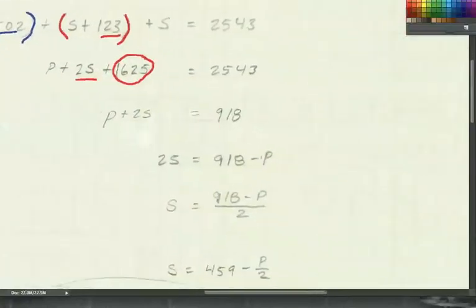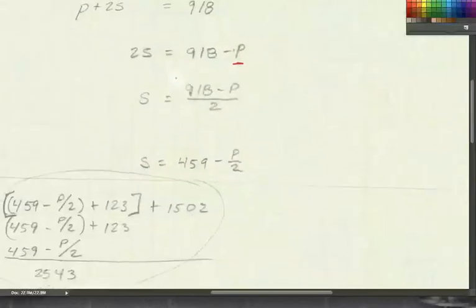Again, I'm trying to isolate for the scanner. That's S by itself. So I bring the P to the other side. That leaves me with 2S over here. I go ahead and divide both sides by 2, and that's going to give me this amount right here.